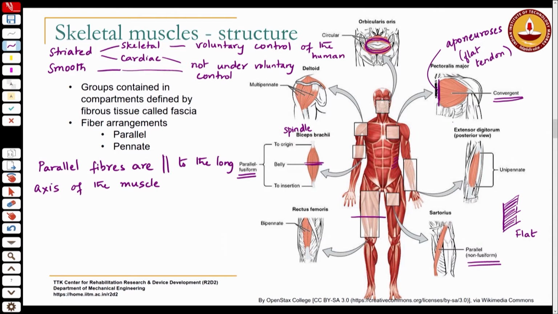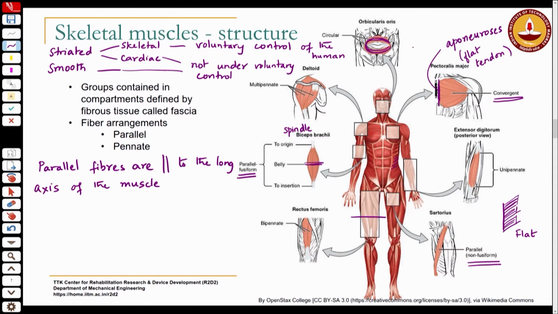This is an example again of a parallel arrangement of the muscle fibers, but in the parallel arrangement it forms a circular configuration. So, you have 5 different types of parallel arrangements.